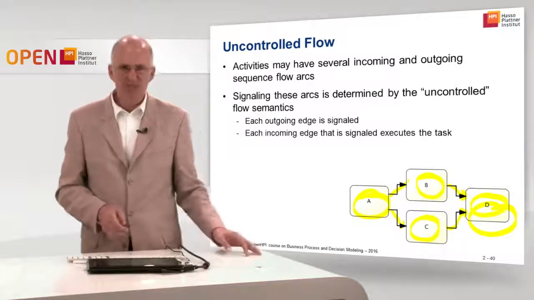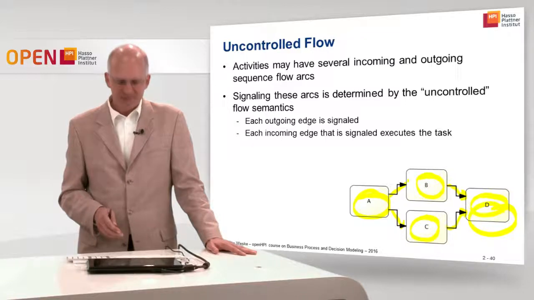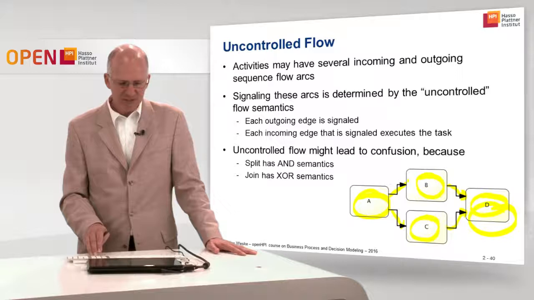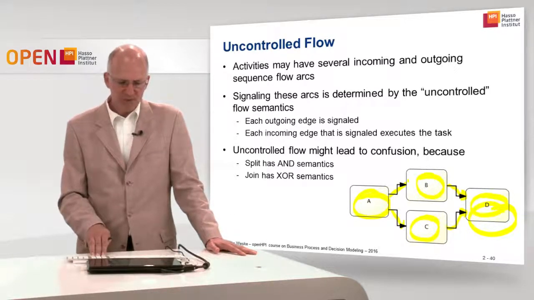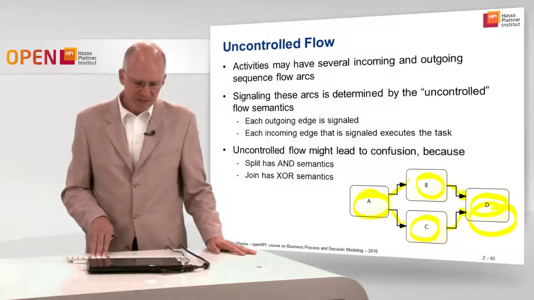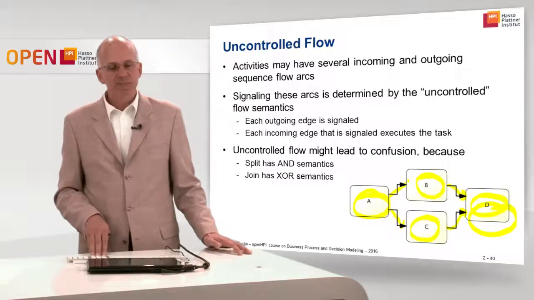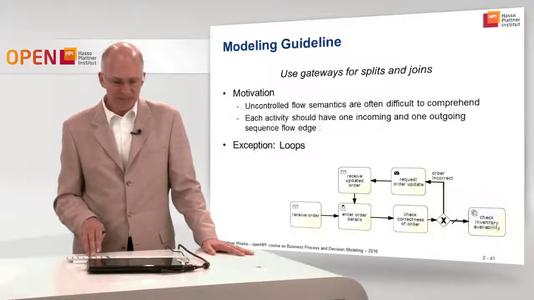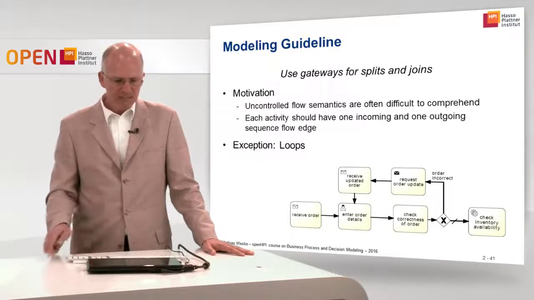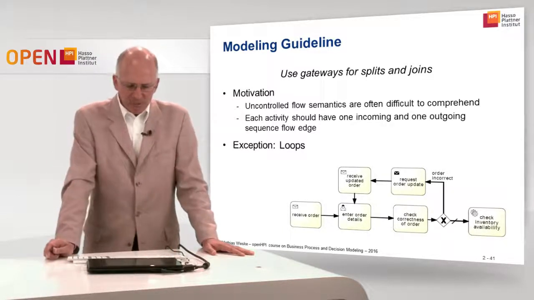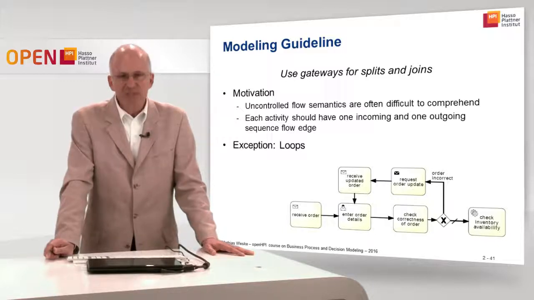The two structures look very similar here, but they do have a different execution behavior, and that often leads to quite some confusion. So uncontrolled flow might lead to confusion because the split has AND semantics and the join has OR semantics. So we come to the modeling guideline related to gateways. I propose to use gateways for splits and joins rather than activities.